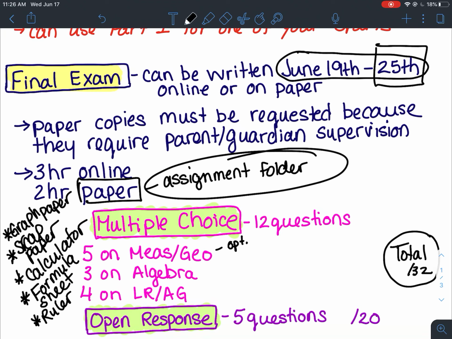If you run into any difficulties during your exam, then I want to be available. So I said you're not required to let me know when you're writing it, but if you are writing it online, it might not be a bad idea to let me know when you're writing it.